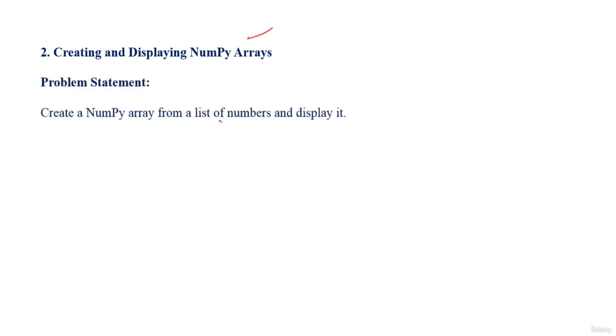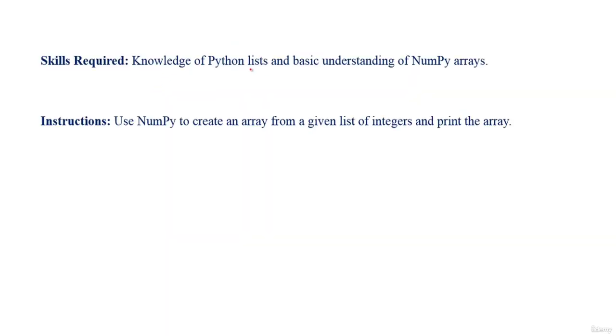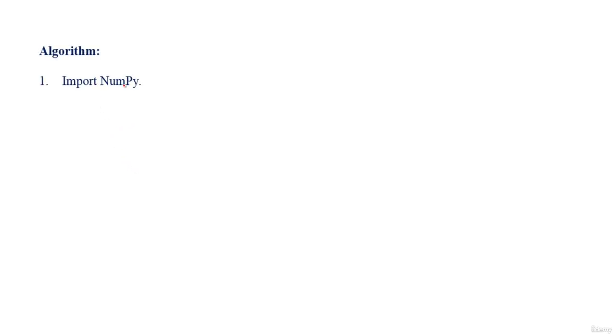Another, the second exercise, is creating and displaying NumPy arrays. Problem statement: create a NumPy array from a list of numbers and display it. So these are the skills required, for example, basic knowledge of Python lists, basic understanding of NumPy arrays, and these are the instructions. Algorithm: first of all import NumPy, define a list of numbers.